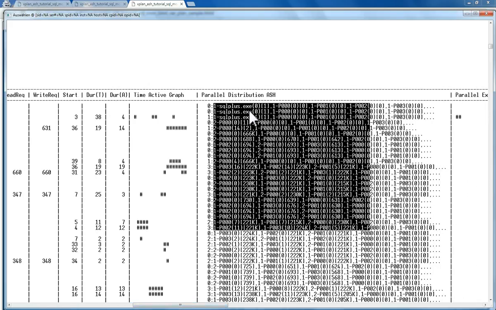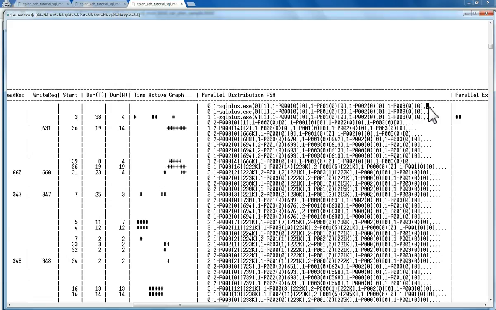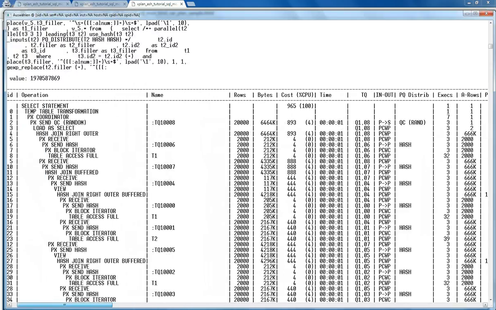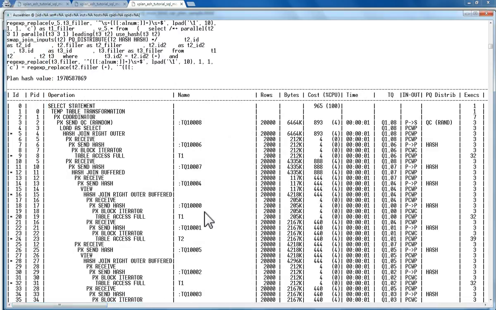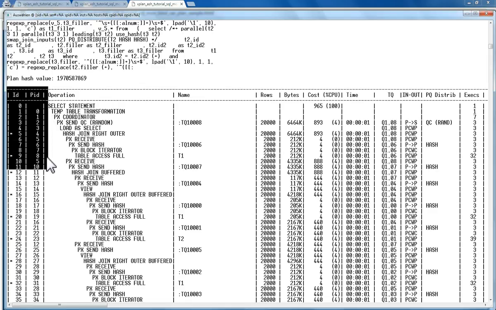By default I think the top 5 are shown, and this ... then indicates that there are more processes that are not shown here. That can also be configured, so you can customize this output. And as I already pointed out, the execution order information here is not shown for parallel plans.